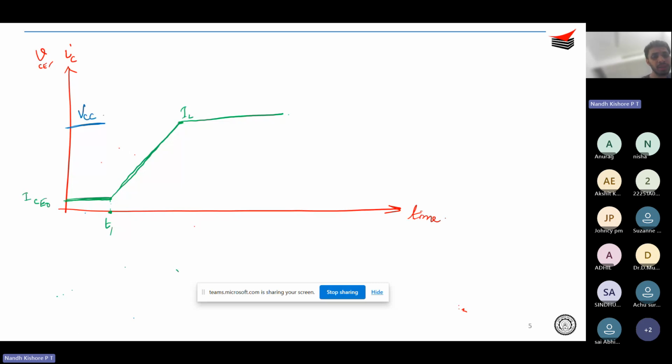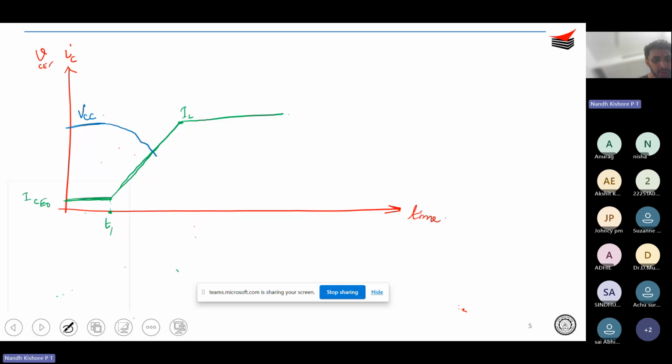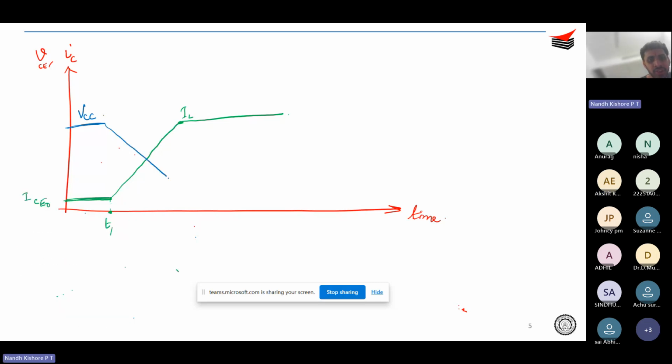It was blocking VCC prior to this, and what will happen? Your voltage would kind of fall to a value which is almost zero, but it may not be zero, of course.